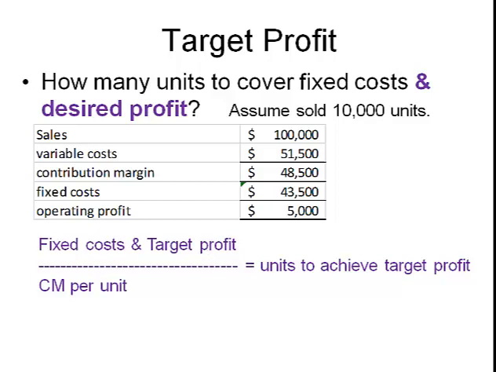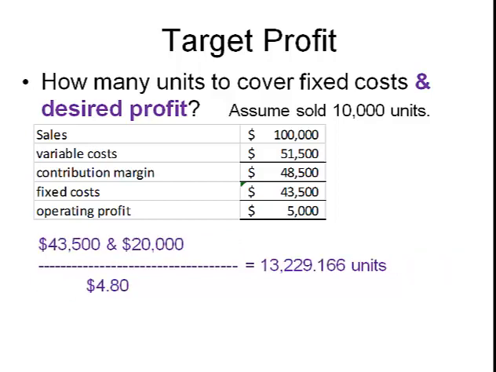So let's do that calculation here. So we have our fixed cost plus our desired profit divided by our contribution margin per unit, and it would take 13,229.166 units to generate enough contribution margin here to cover the fixed cost and leave you with 20,000 left. And we would usually just round this up to the next full unit.